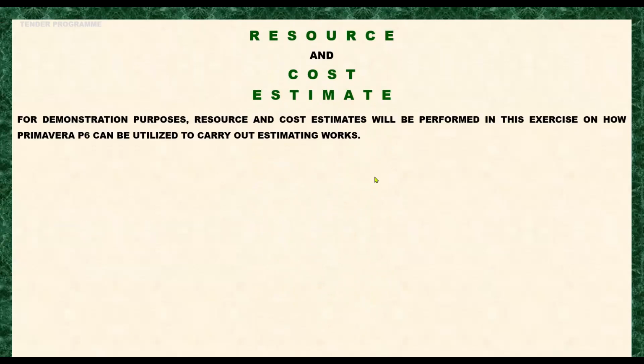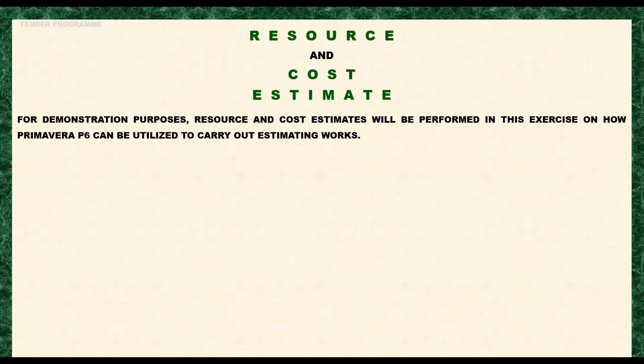Here's how we are going to build our tender program by incorporating resource and cost estimate with the following assumptions. First, for demonstration purposes, resource and cost estimates will be performed in this exercise on how Primavera P6 can be utilized to carry out estimating works.